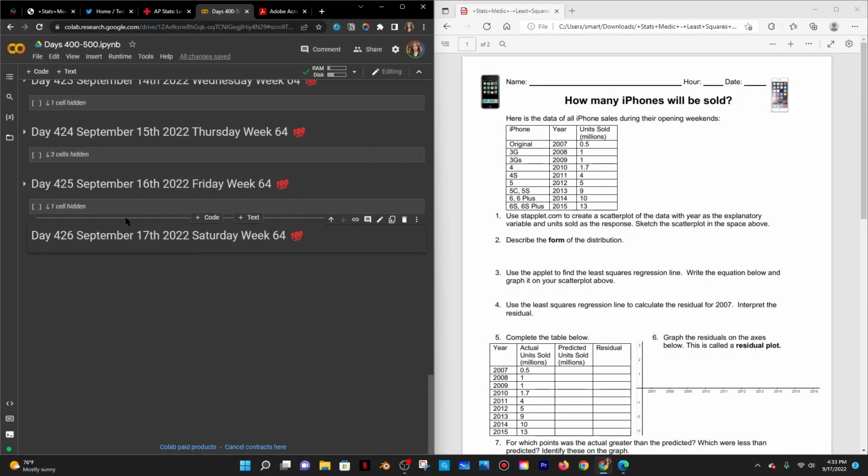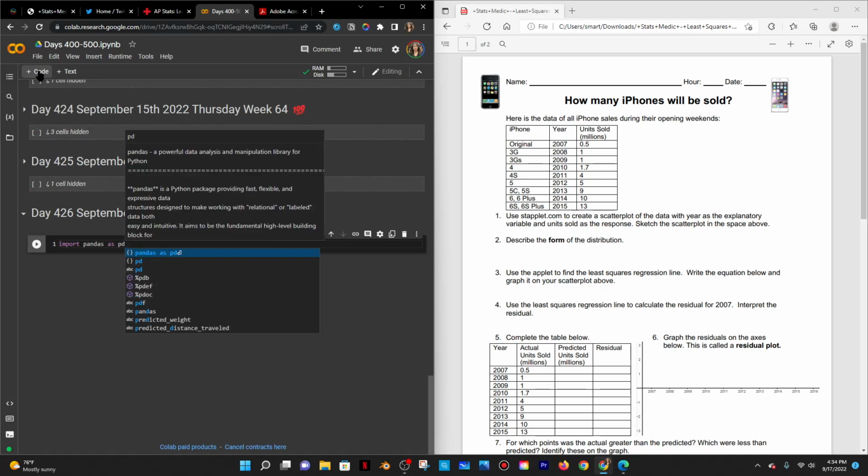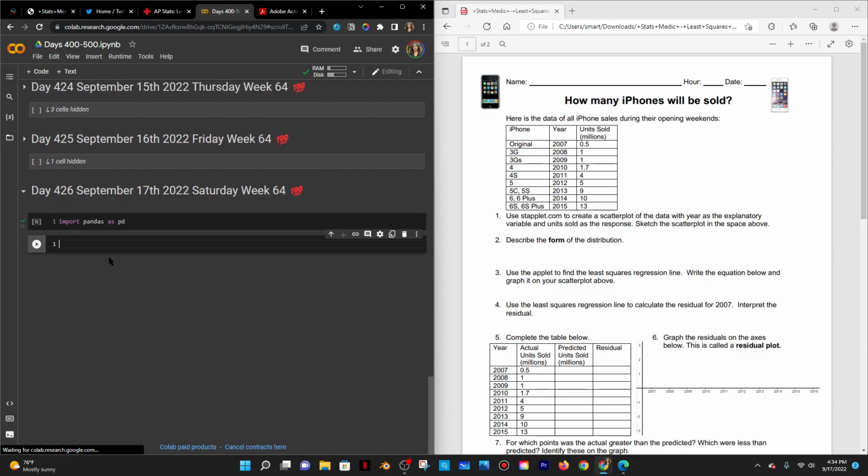And then I'll go into Python and I'll open up a new code cell and I'll import pandas as pd. Pandas is a library that I'm going to use to read in that data file. After I run that, I'm going to create a data frame, so df, a variable. That's going to be my data frame, and I'm going to do pd.read_excel because I'm reading in an Excel file.